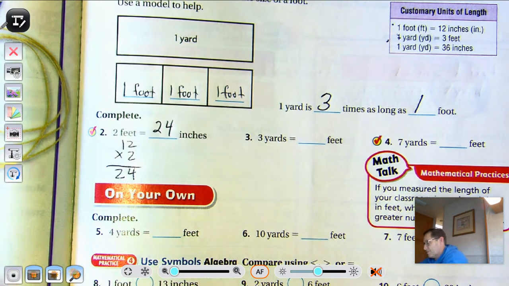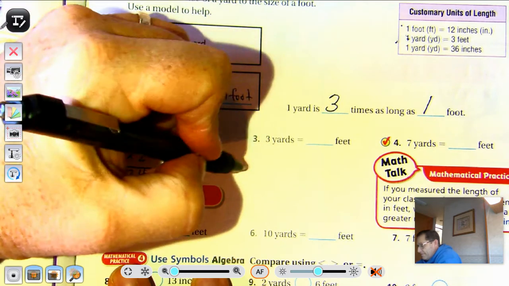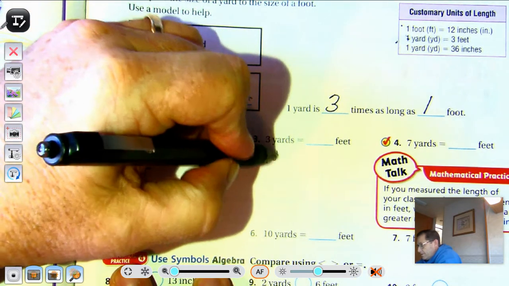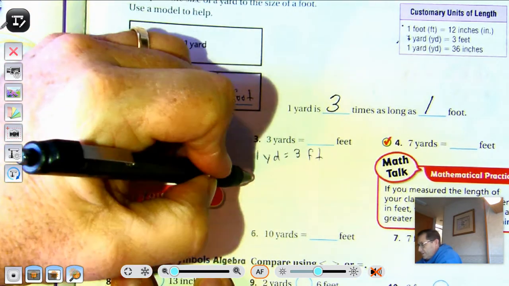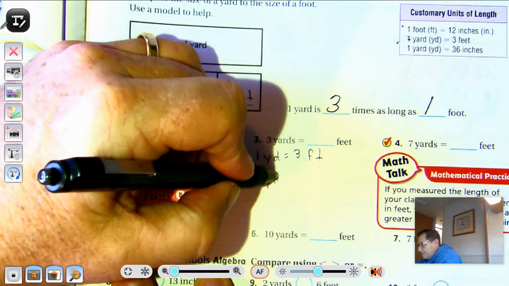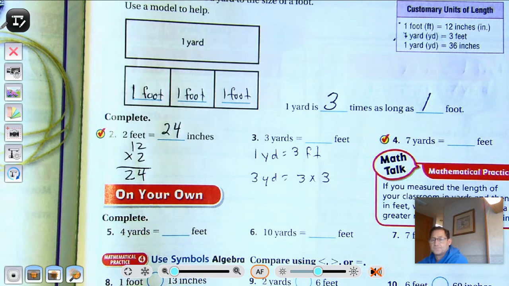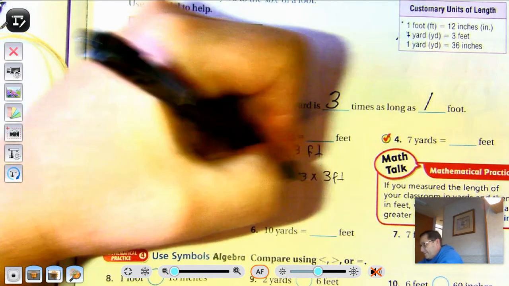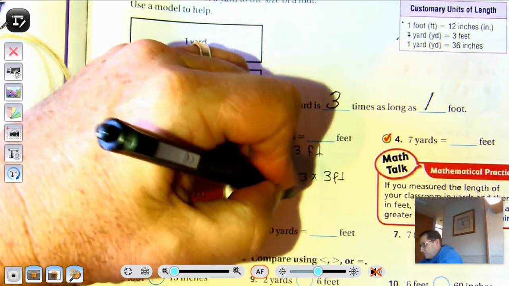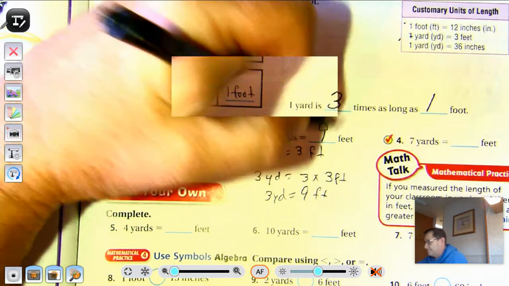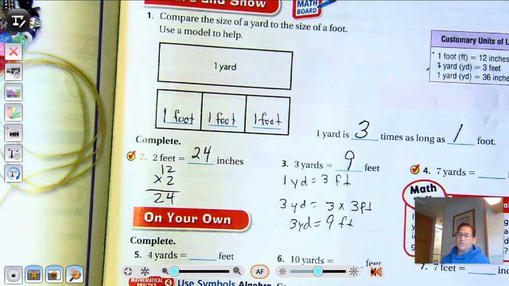3 yards. So every yard, 1 yard equals 3 feet. So 3 yards equals 3 times 3 feet. So 3 yards equals 9 feet. 7 yards.